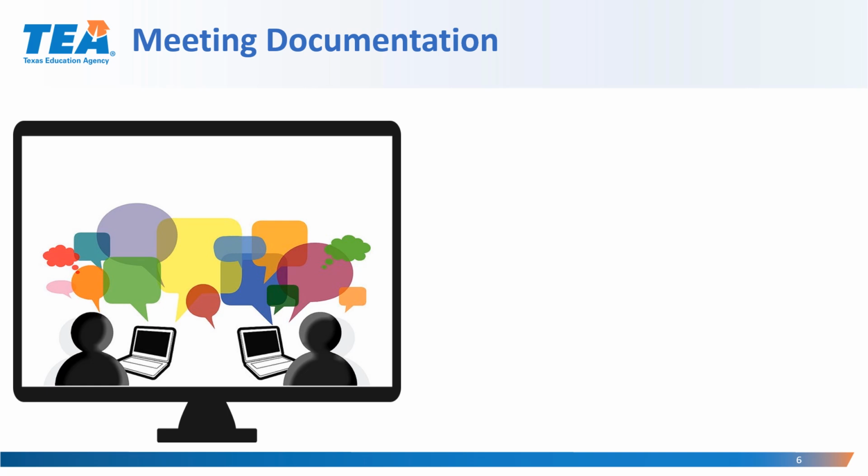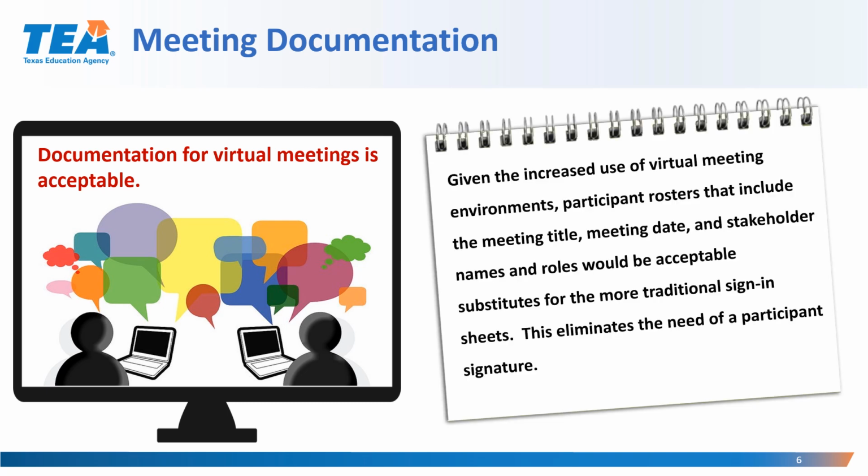Please note that documentation for virtual meetings is an acceptable form of documentation. Given the increased use of virtual meeting environments, participant rosters that include the meeting title, meeting date, and stakeholder names and roles would be an acceptable substitute for the more traditional sign-in sheets. This eliminates the need for a participant signature.